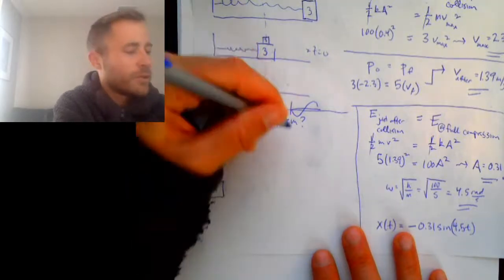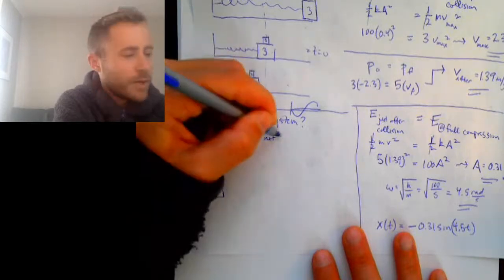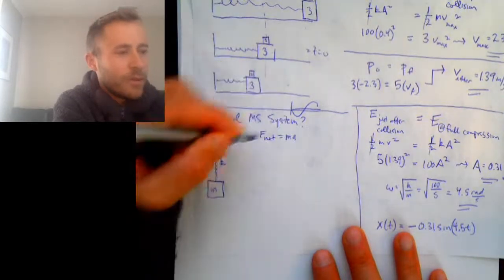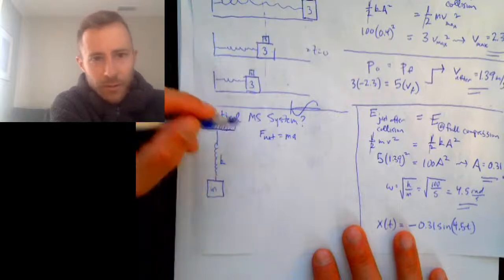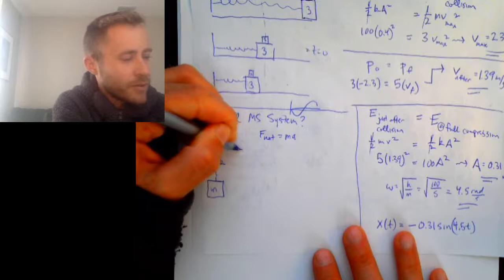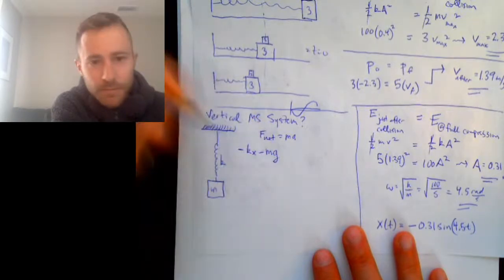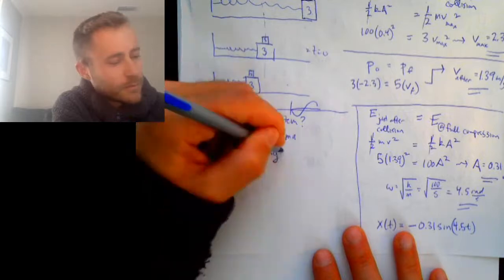So if we were to do Newton's second law for the vertical mass spring system, we don't just have the elastic force, we have the elastic force and gravity. So we have minus kx, and we also have minus mg.